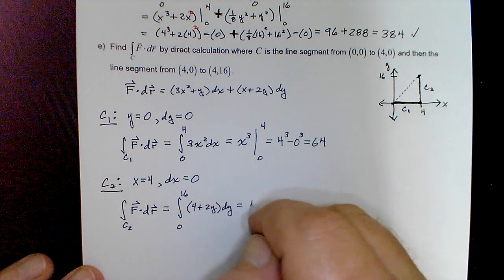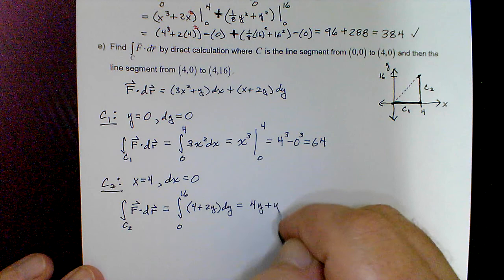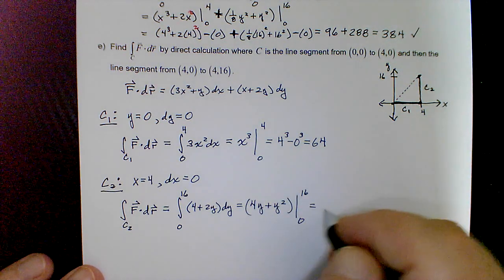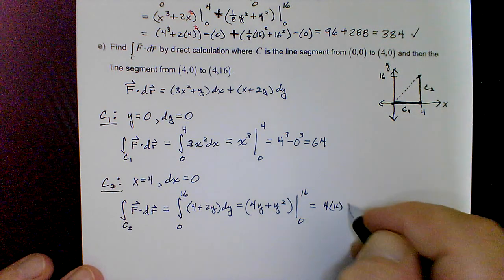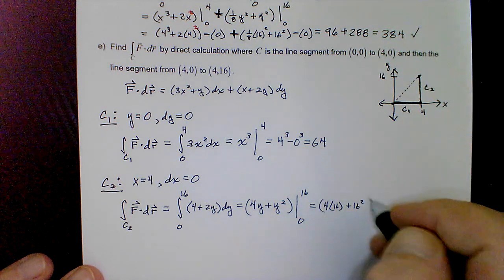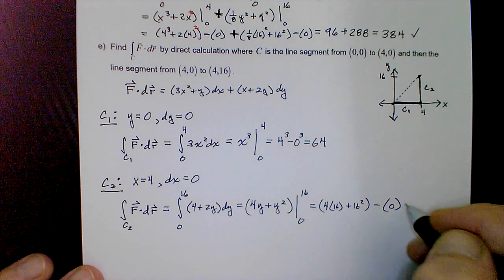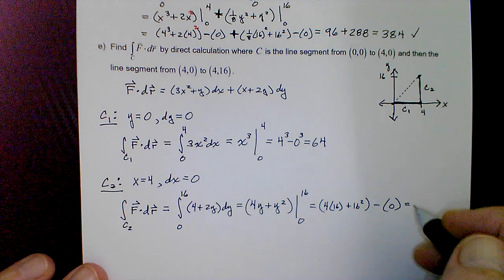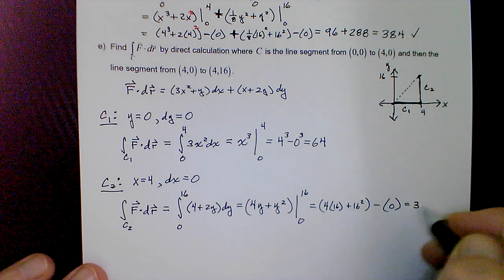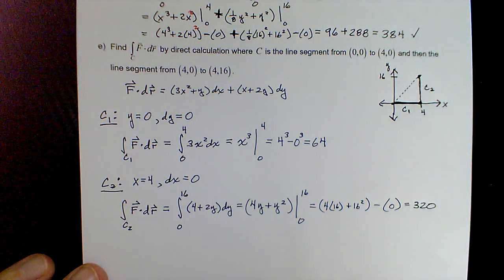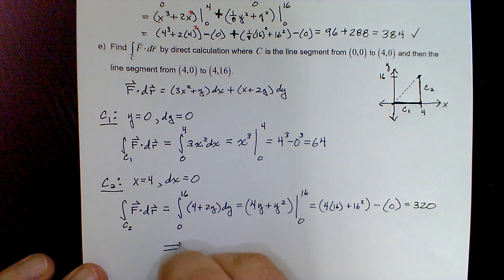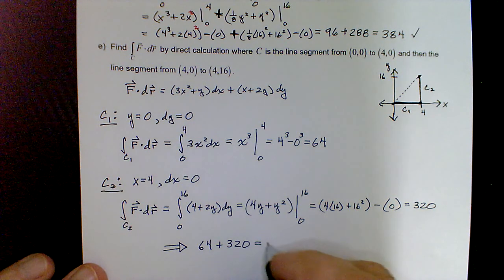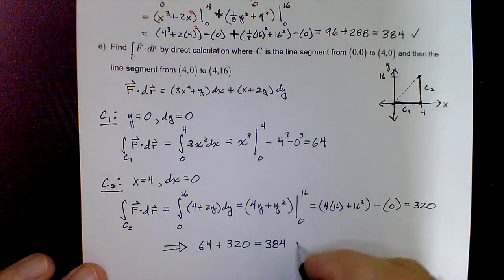And then we can integrate that. That gives 4y plus 2y squared over 2, which is just y squared, evaluated from 0 to 16. And so that's 4 times 16 plus 16 squared minus 0. And if you crunch all that out, you get 64 plus 256 is 320. And then we verified, because 64 plus 320 is 384.